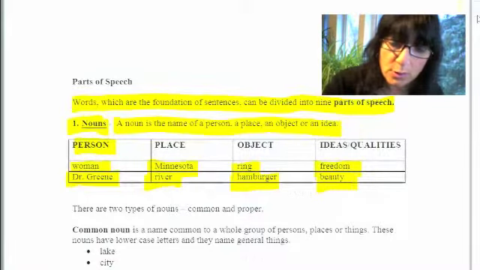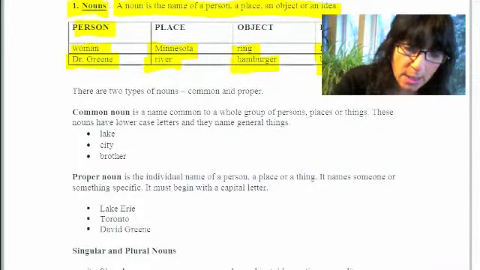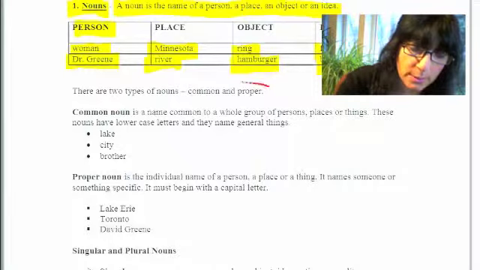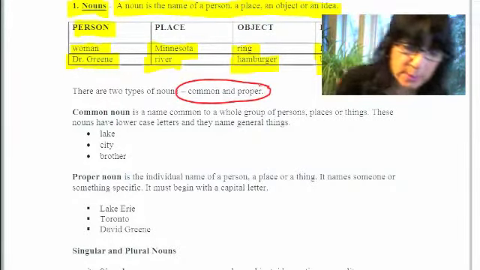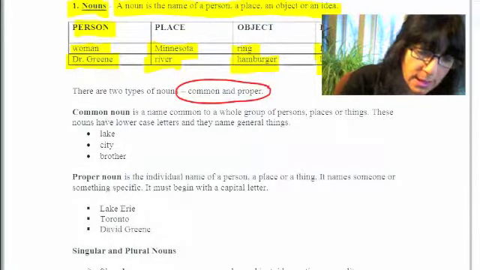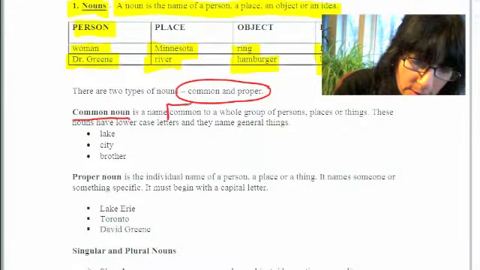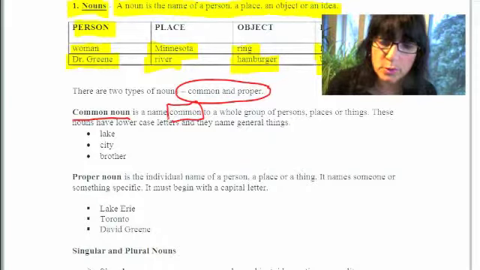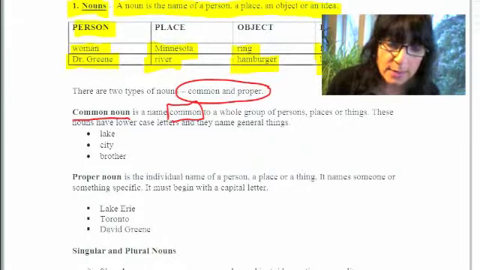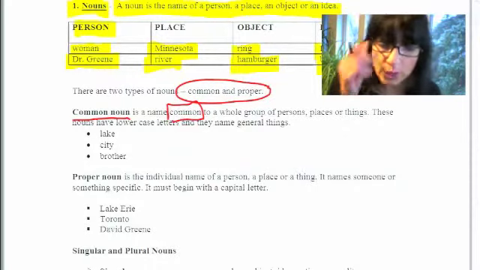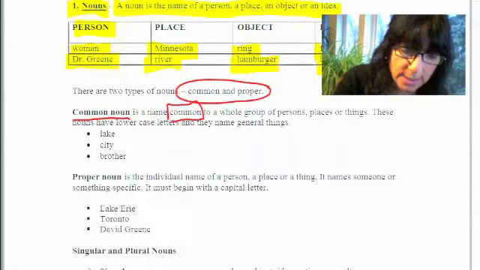Now there are 2 different types of nouns. They're called common and proper. Let's look at the difference in these. A common noun is a name that is common to a whole group of persons, places, or things. These nouns are not capitalized because they're referring to general things, such as lake, city, and brother.